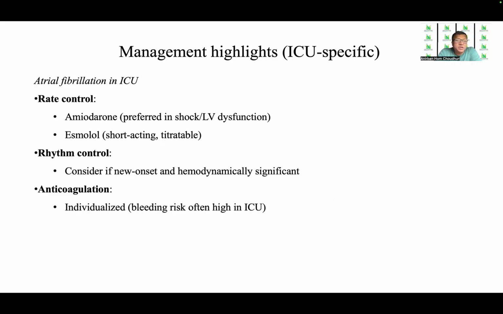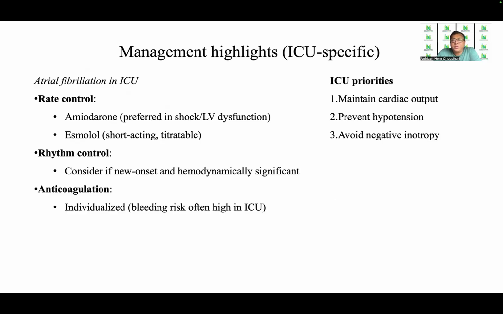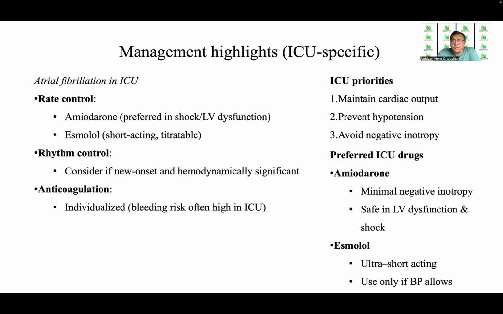And anticoagulation has to be individualized because bleeding risk is often high in the ICU. And we know that we have to balance between the bleeding risk and the stroke risk. But in ICU patients, the risk of bleeding tends to overshoot the risk of stroke. So in the ICU, the priorities would be to maintain cardiac output, prevent hypotension, and avoid negative inotropy or the contraction.